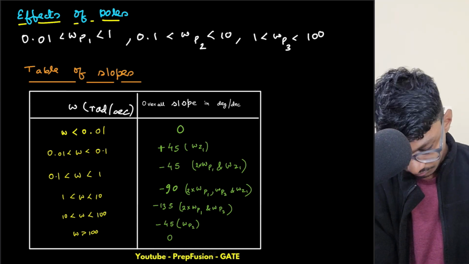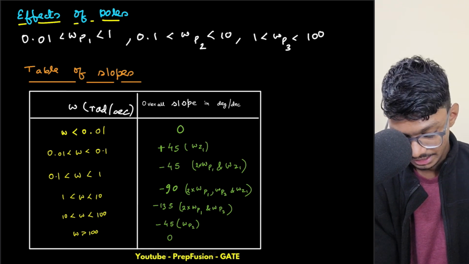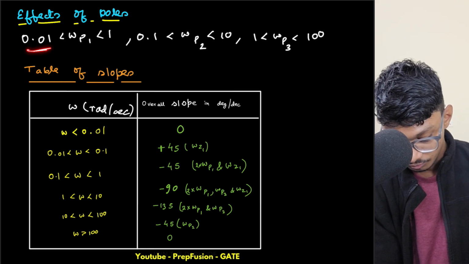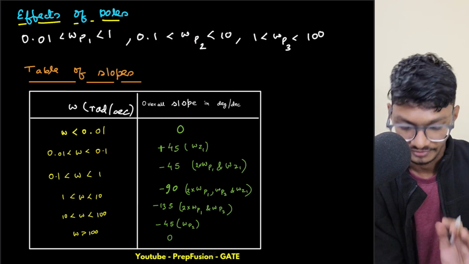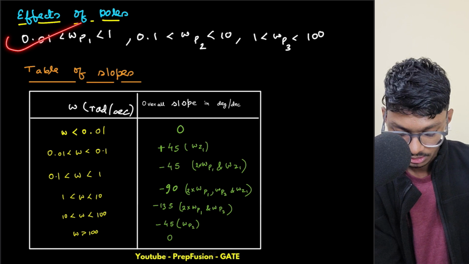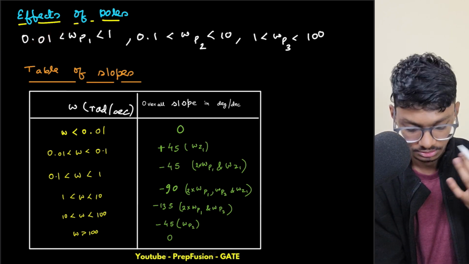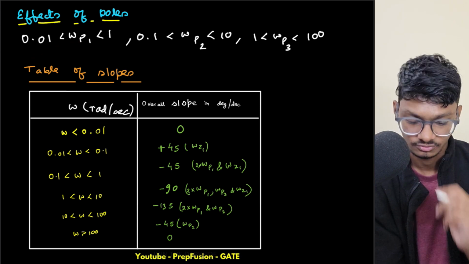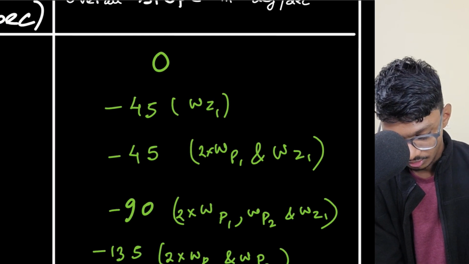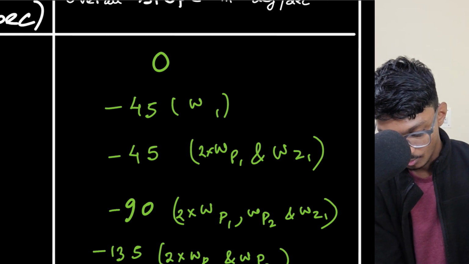What does this mean? This means that 0.01 is active here and 0.1 is here. So this pole hasn't even come into effect, and this one also has not. Only the effect due to this one will be seen. So what is the effect? A slope of minus 45 degrees per decade. So here I will get minus 45 degrees per decade due to omega p1.